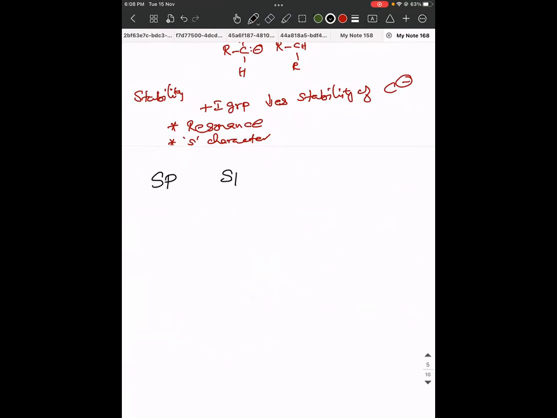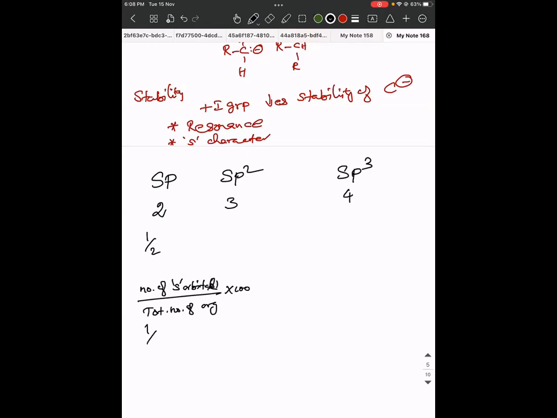SP, SP2 and SP3. SP has 2 orbitals, SP2 has 3 orbitals, SP3 has 4 orbitals. Among the 2 orbitals, how many are S? So 1/2. The S character equals the number of S orbitals divided by the total number of orbitals, into 100. Now you calculate.